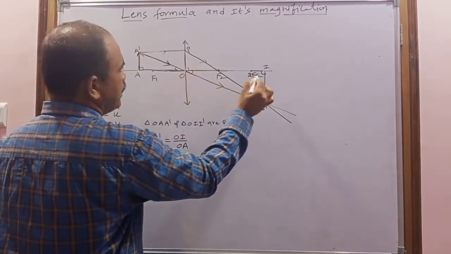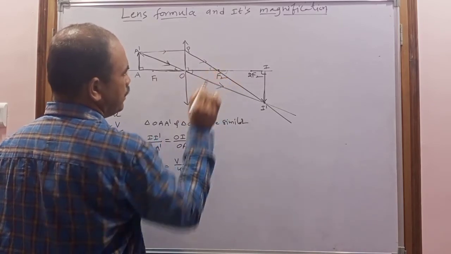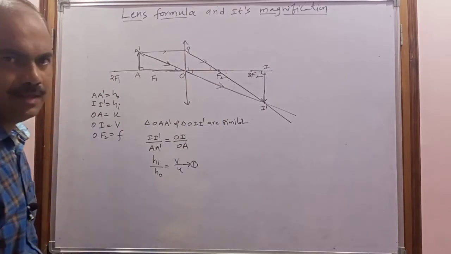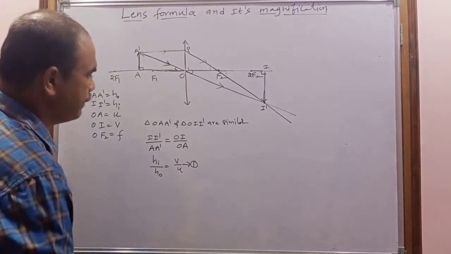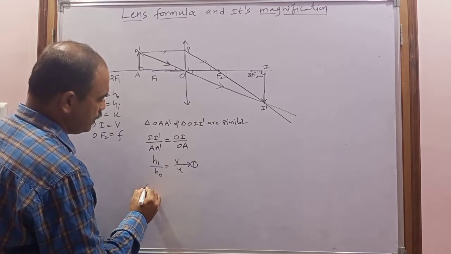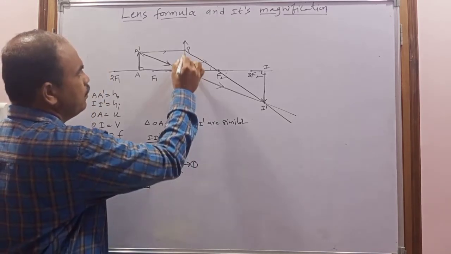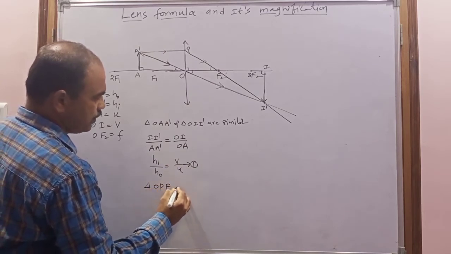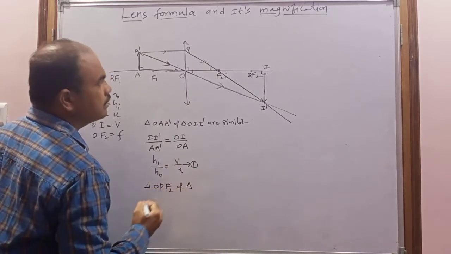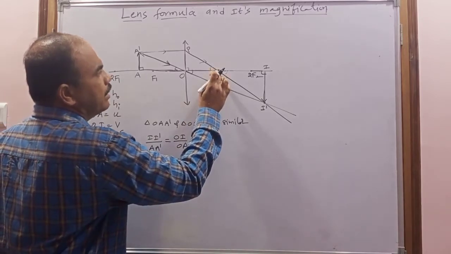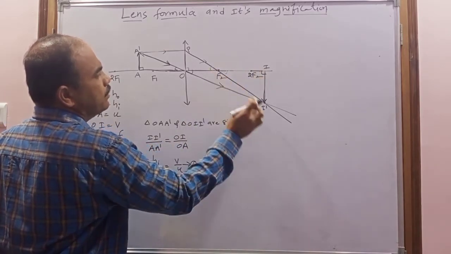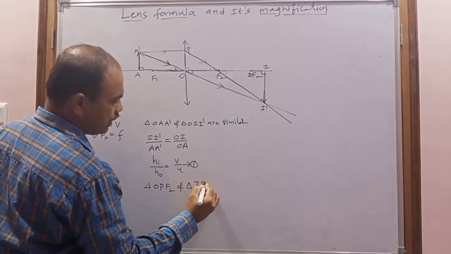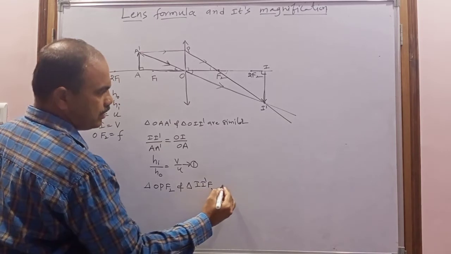These are the two right angle triangles and these are the two alternate angles, so they are similar triangles, and that's why the side ratios are also the same. So now I am taking the triangle OPF2 and the next triangle I'F2.